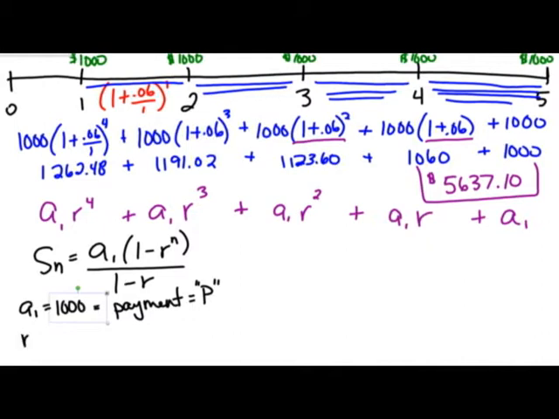And then I can call my common ratio, what did we multiply every single term by? We multiplied it by that common ratio of 1 plus 0.06 over 1. That was my interest rate every single time, right? So can I generalize that and call this 1 plus r over n, and that 1 was the number of times a year it was compounded, so it was annually, so once a year.